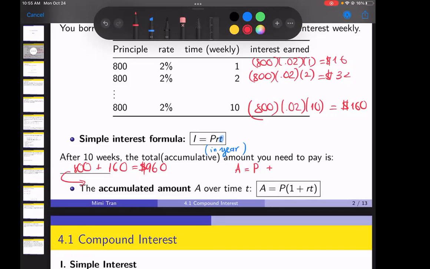It's just deduction analysis. So that's I. And then you rewrite I as PRT, and then you factor out P, and you get the formula. It's nothing fancy, just simple stuff. Again, you don't have to remember this. I'll give it to you on the exam.